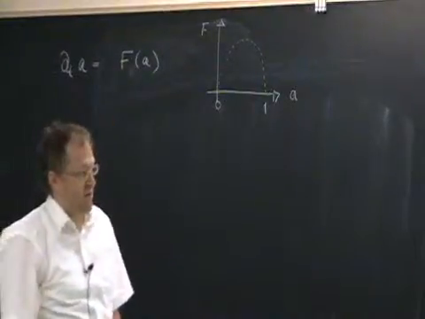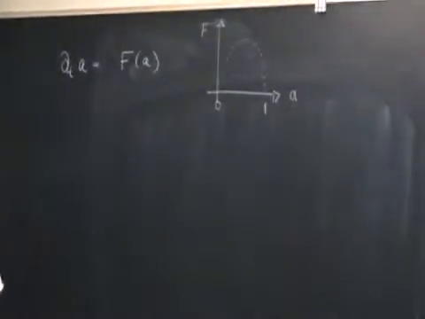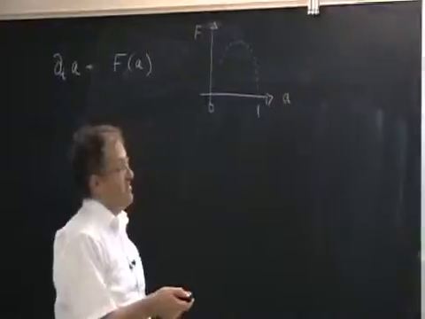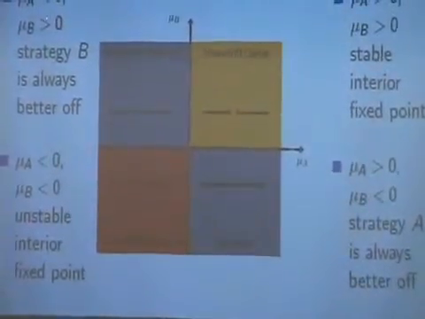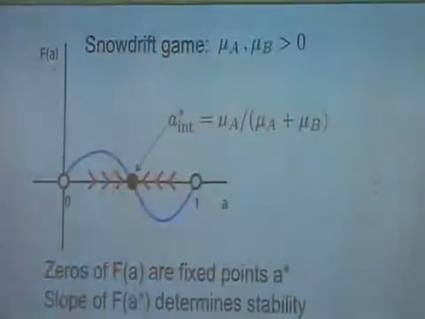And now let's look at the signs of mu A. The signs are such, let me go back, see what it is. The signs are such that mu A is actually less than 0 and mu B is larger than 0.